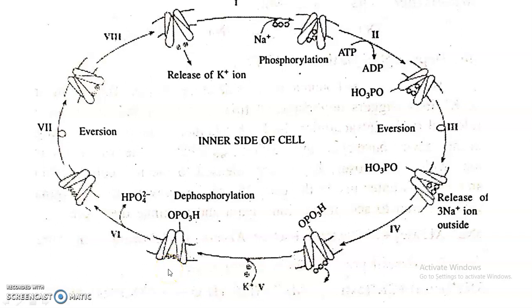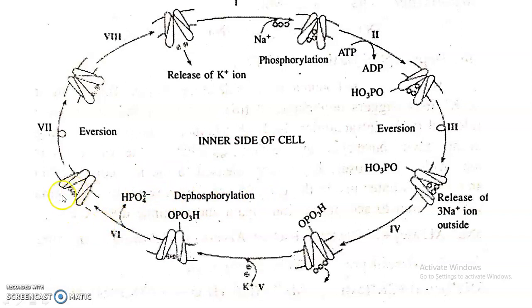In this way 2 potassium ions enter into this ATPase. Here phosphate enters the intracellular cytoplasm, and this step is dephosphorylation.